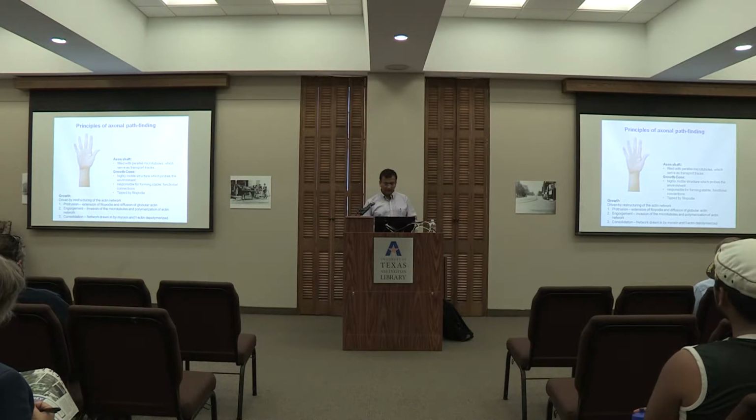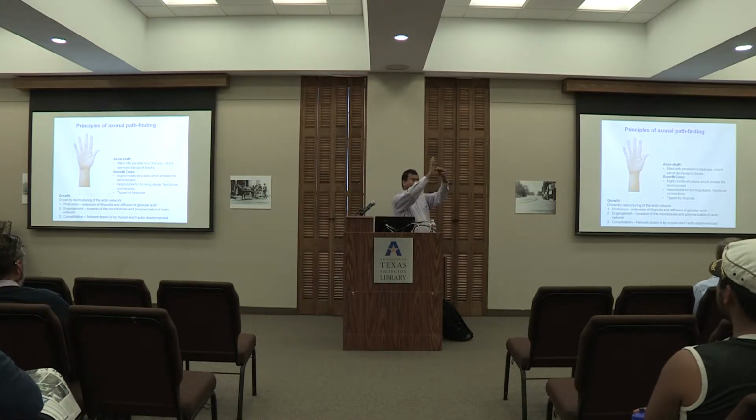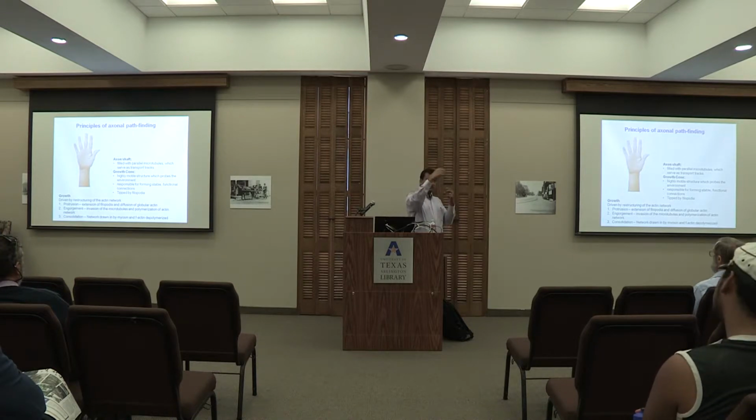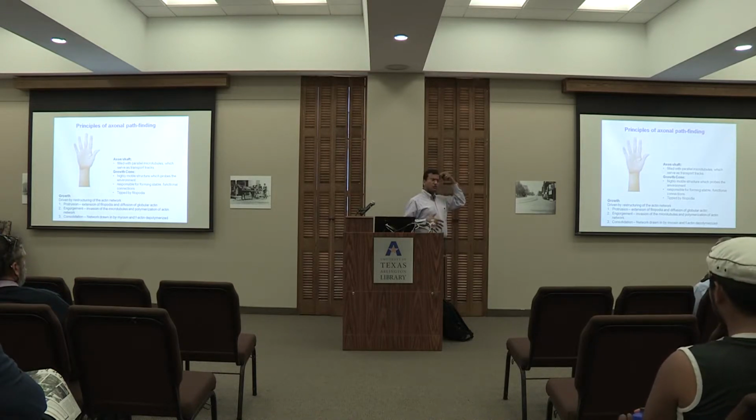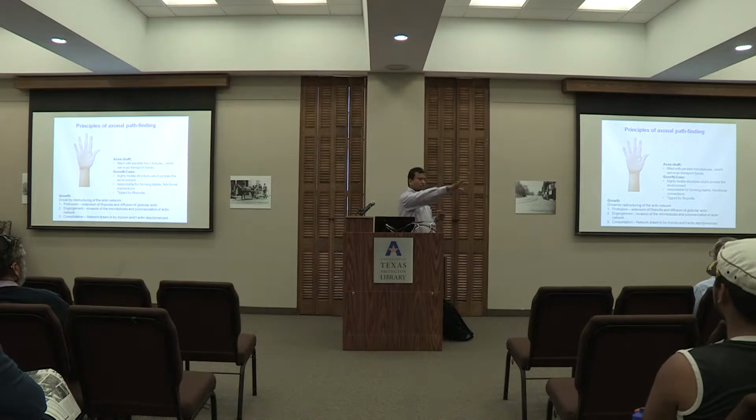This is the shaft, and this is called a growth cone. That also has a brain here in that palm. Why? Because it's so long, it does not want to be controlled from here to here. It wants to control individually.